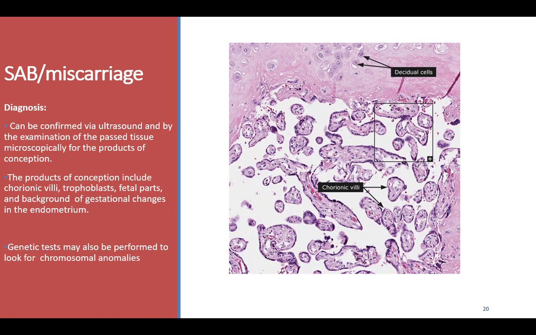How do we confirm it? We examine the tissue, the curettage or the passed tissue. So how do we confirm the presence of pregnancy, or confirm the product of conception, POC?